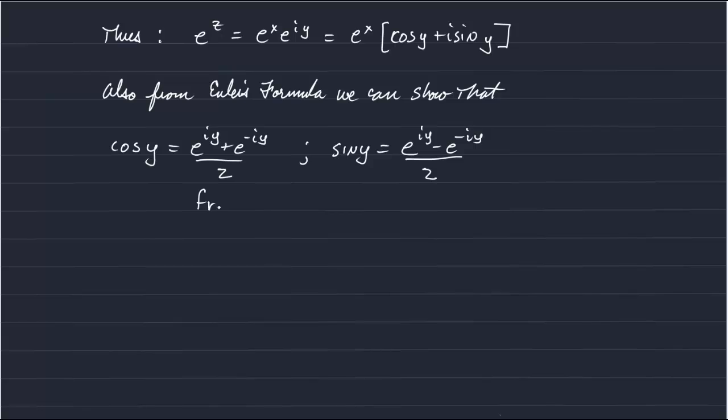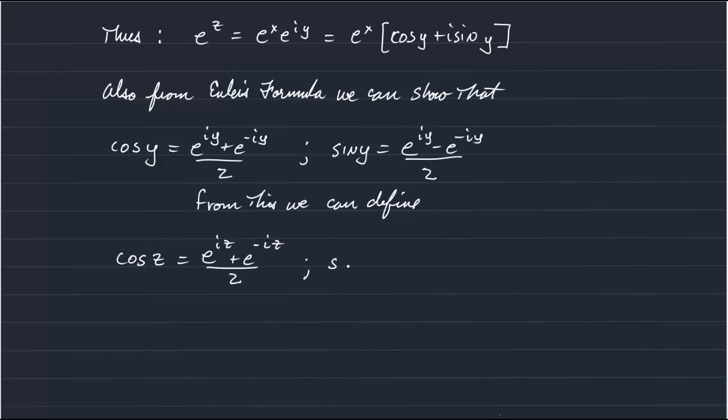And from this, we can define the cosine of an imaginary number as cosine z is equal to e to the iz plus e to the minus iz divided by 2, and the sine of z as e to the iz minus e to the minus iz divided by 2i.